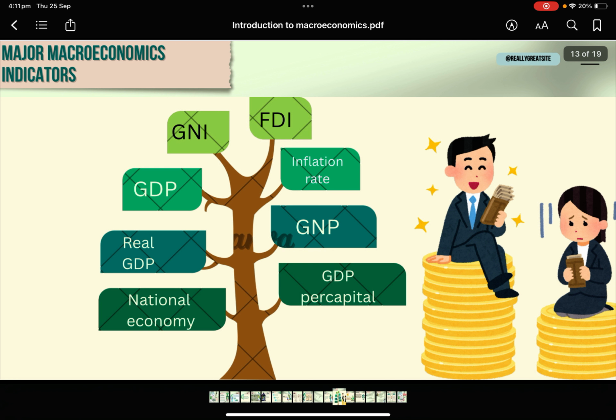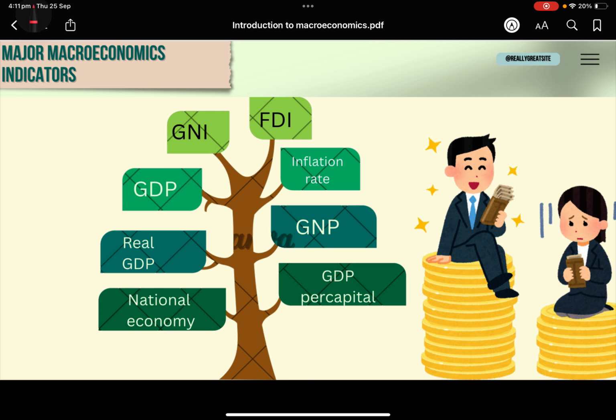Okay, the next slide is about some common points of macroeconomic indicators. Let's go through it. The first one is national economy. We will get into this topic in detail a little later. The second is GDP per capita. The third is GNP, which means gross national product.